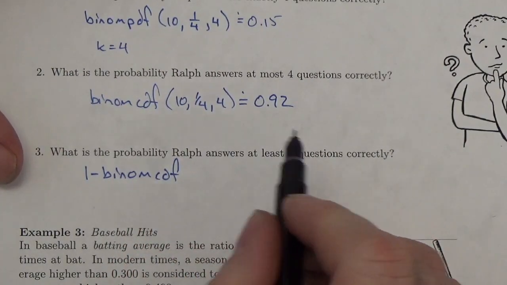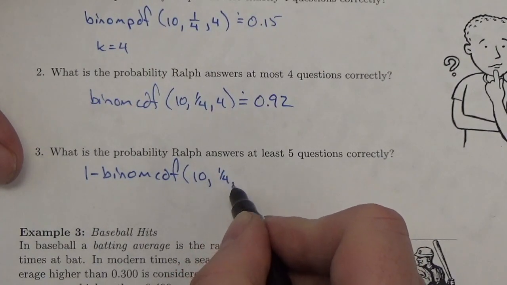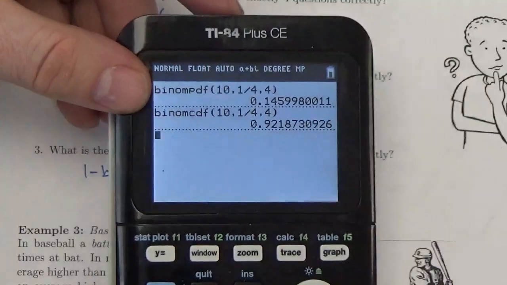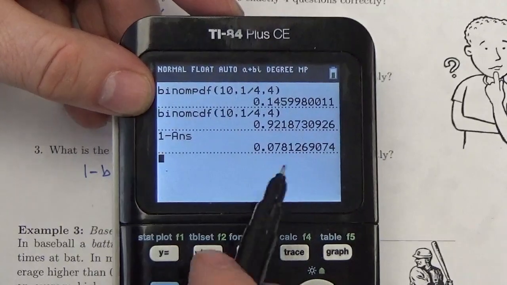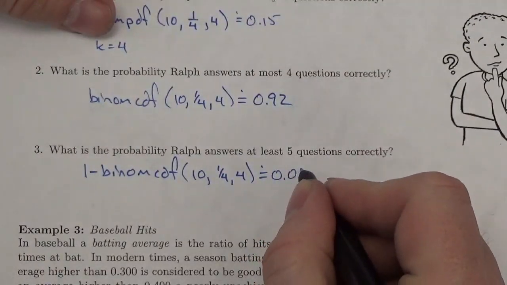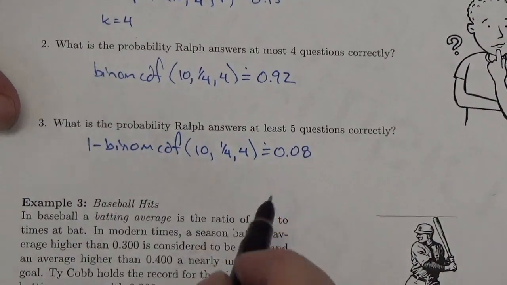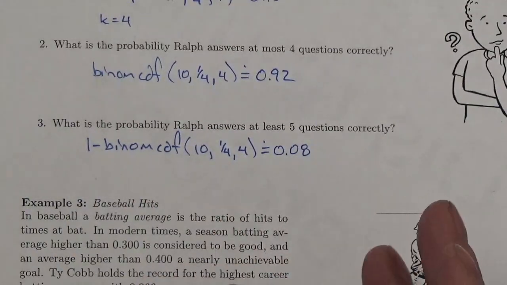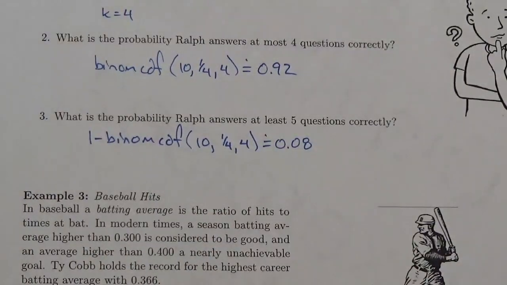At least 5 questions, the exact opposite of that is at most 4, which is what we just did. I've already got that number in here, so all I have to do is 1 minus that result. Ooh, and we get 0.08. Okay, so not good. Not a really good probability by randomly guessing, and it's just a 10-question quiz, right? Not very good odds at all.